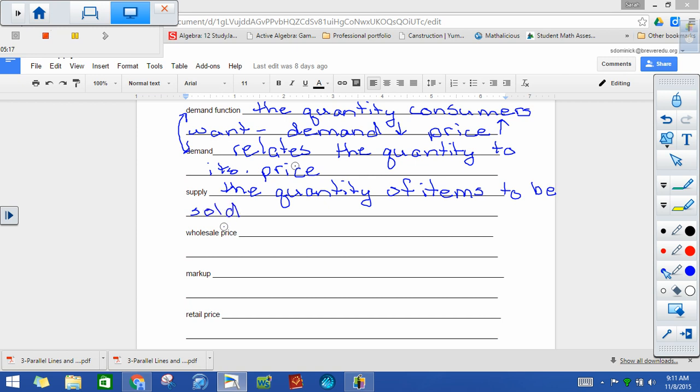Wholesale price. You might hear sometimes if somebody works for a certain company, they get to have their products at wholesale price. So the wholesale price is the price the manufacturer charges.